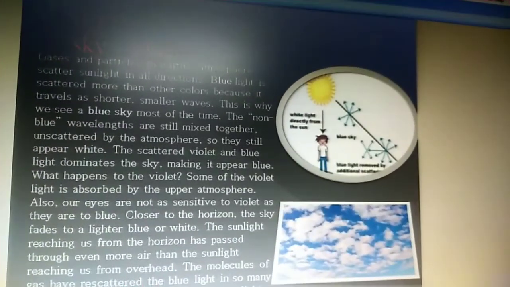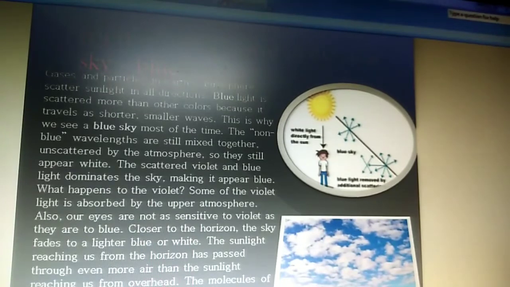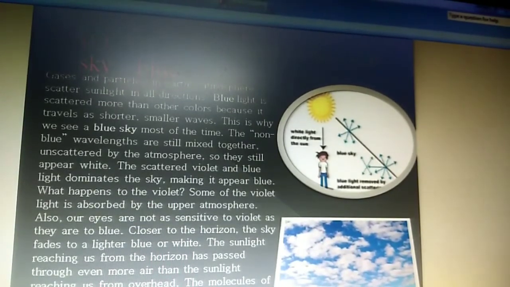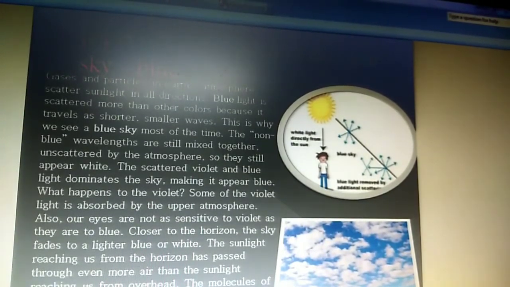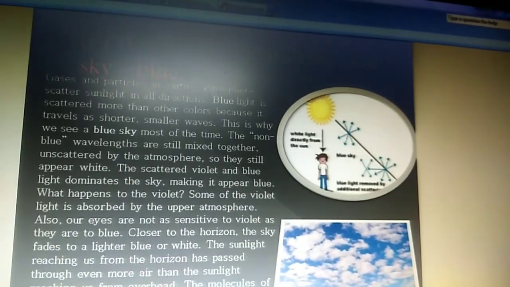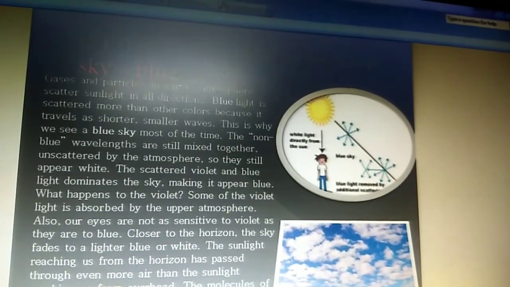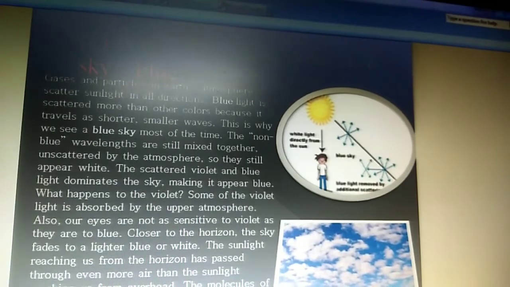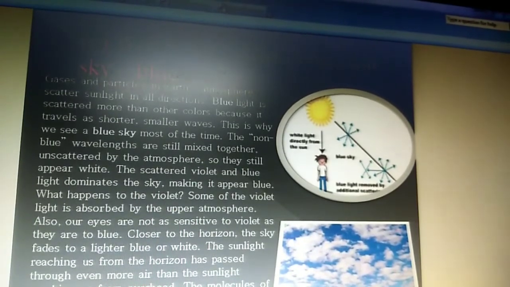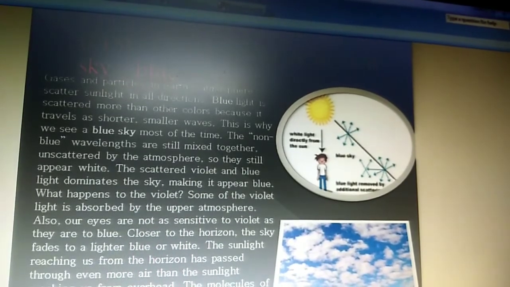Why is the color of the clear sky blue? Because blue color has a wavelength mixed with violet, indigo, and other colors also. Gases and particles of the Earth's atmosphere scatter sunlight in all directions. Blue light is scattered more than the other colors because it travels as shorter, smaller waves.